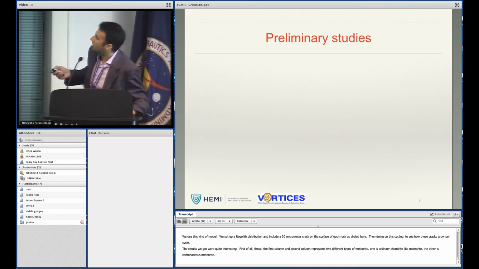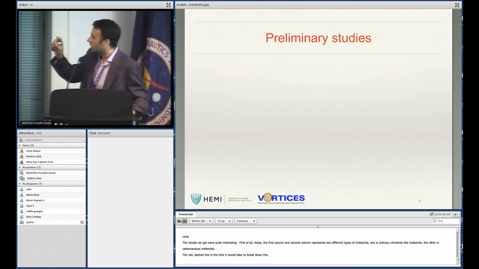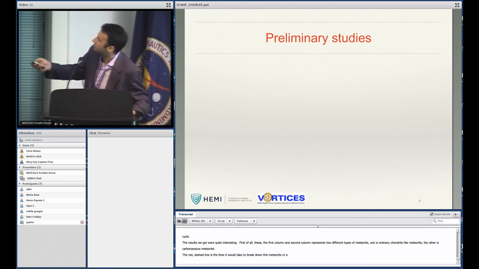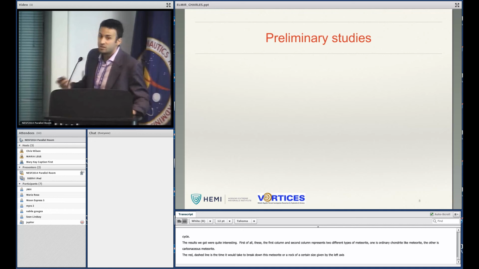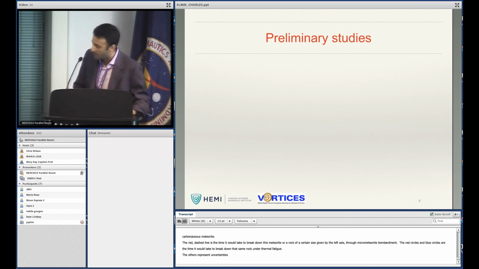The dashed line is the time it would take to break down a rock of a certain size, given on the left axis, through micrometeorite bombardment. The red circles and blue circles are the time it would take to break down that same rock under thermal fatigue. And the error bars represent our uncertainties in the model, especially in the material parameters.